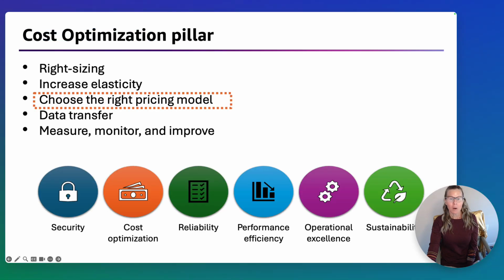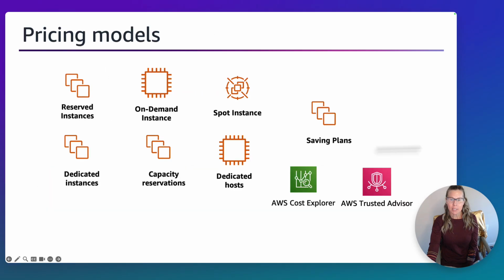The third pillar for cost optimization is choosing the right pricing model. Ensure you understand the different pricing options such as on-demand, savings plans, reserved instances, spot instances, dedicated hosts, dedicated instances, scheduled instances, capacity reservations, and so on.